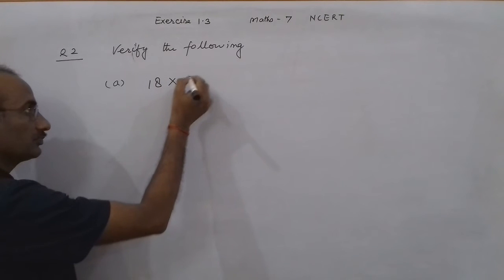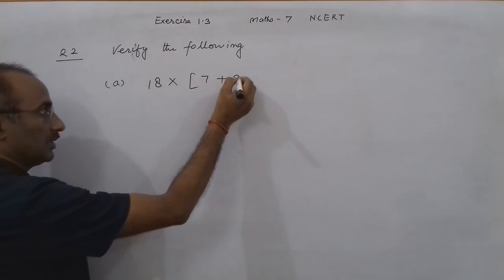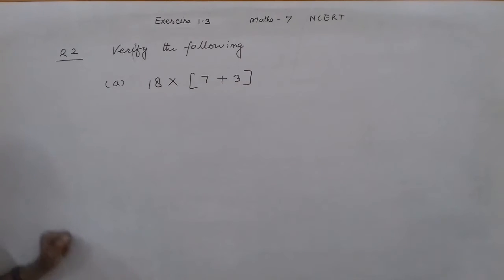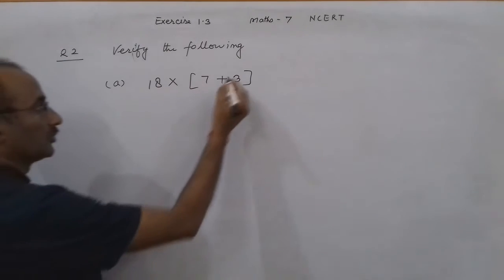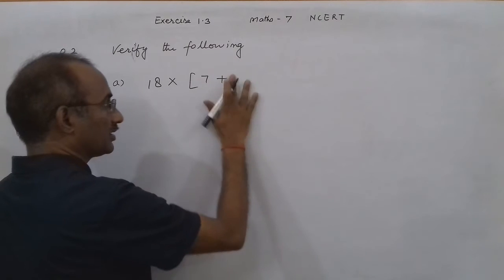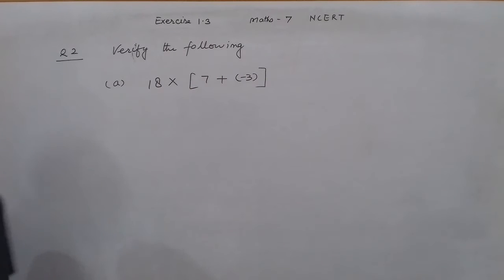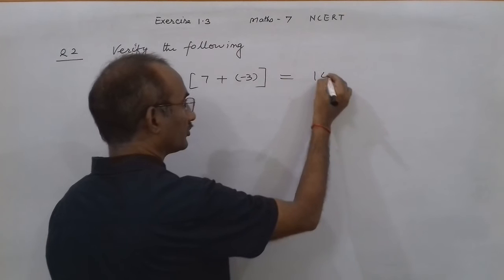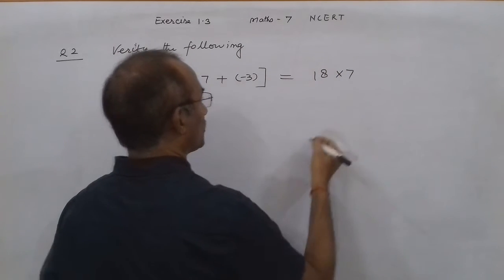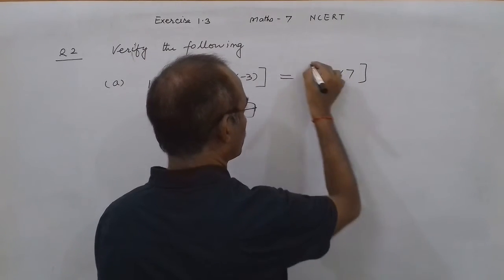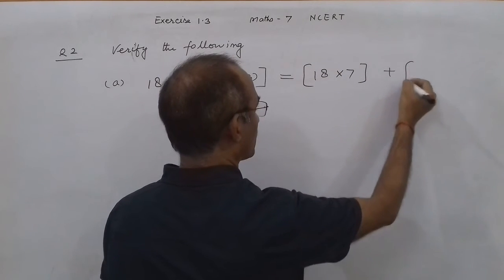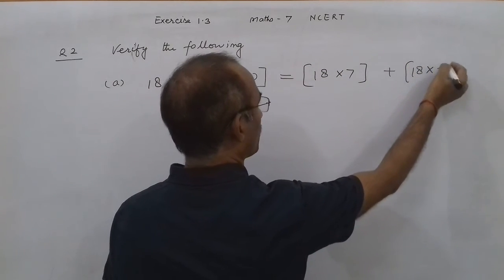The first question is 18 multiplied with 7 plus 3, 7 plus -3 equal 18 into 7 and plus 18 into -3.